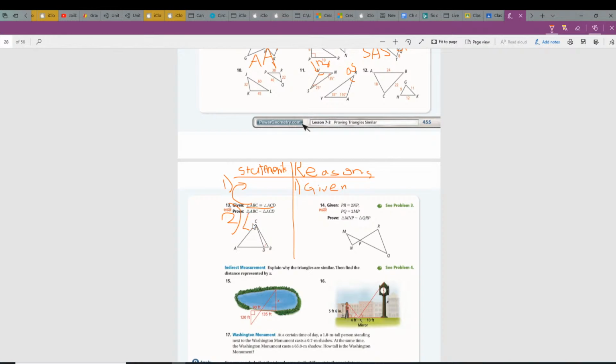So we can do angle A is congruent to angle A because they share that angle. So they're equal to itself by the reflexive property of congruence. And that's number 2. Very sloppy. Sorry about that.